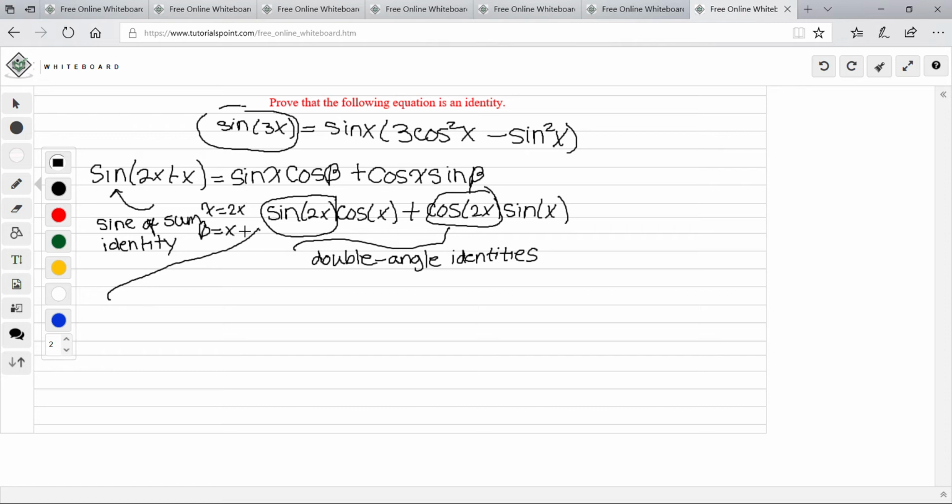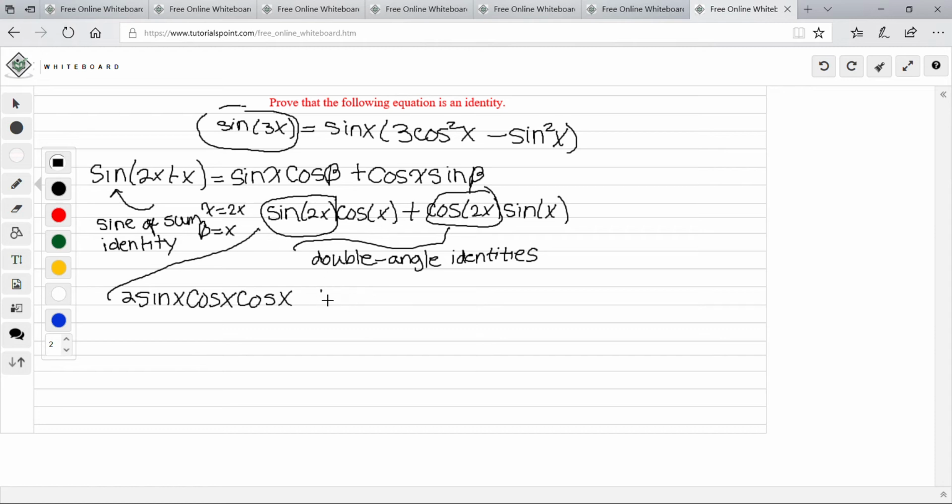So this sine of 2x is a double angle identity, so we can rewrite it as sine of 2x is the same thing as 2 sine x cosine x, it's x, not alpha, and then bring down this cosine x, so it's just times it by cosine x. Good. So we've done the left side.